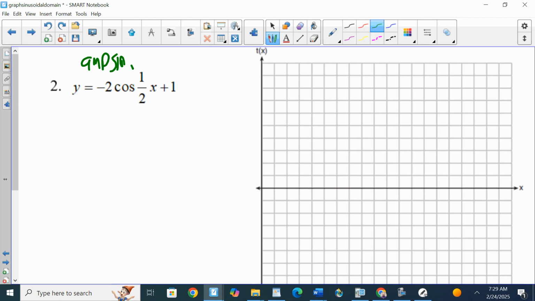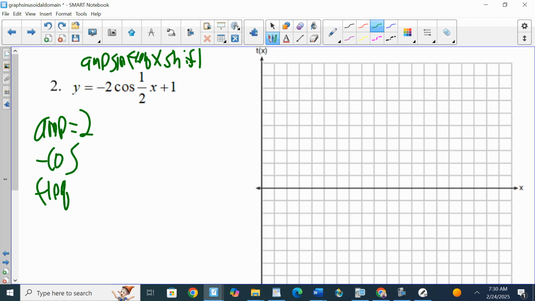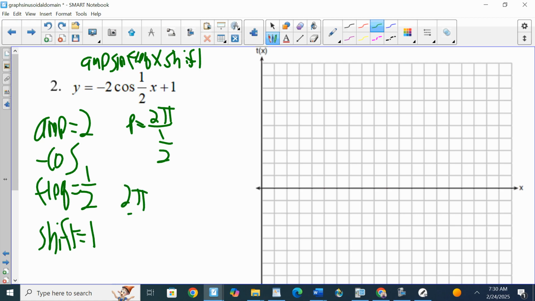Amp, sine, freq, x, shift. Amp is 2, negative cosine, freq is half, shift is 1, period is 2 pi over a half, keep, change, flip, period is 4 pi, 4 dashes, 4 pi, shift is 1, amplitude is 2, so up 2 and down 2.